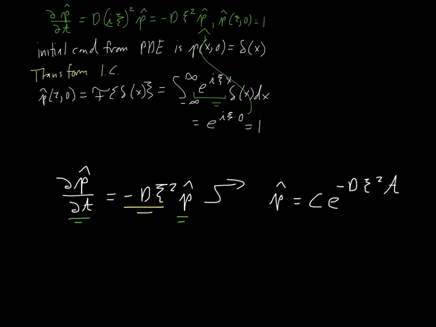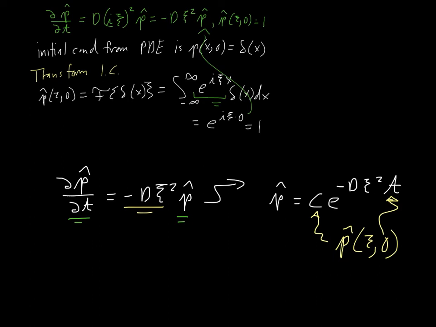And we know that p hat of c, 0 is 1, because if we plug in t equal to 0, it kills that exponential function.